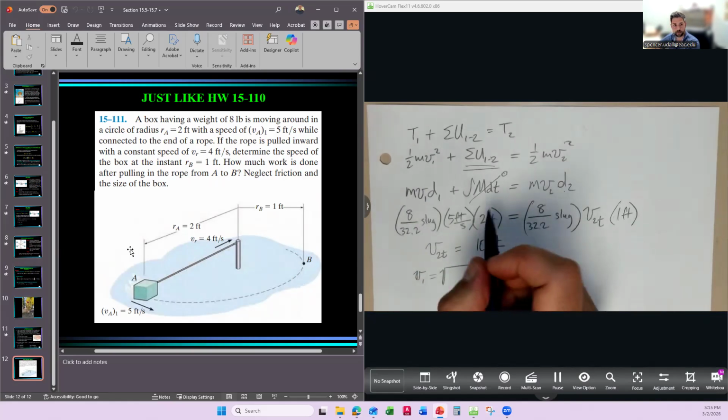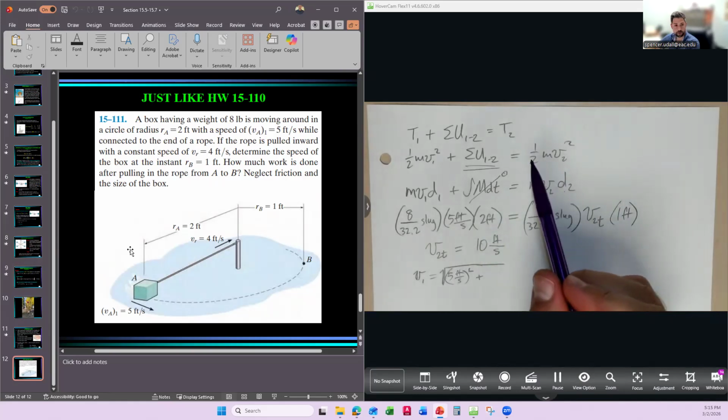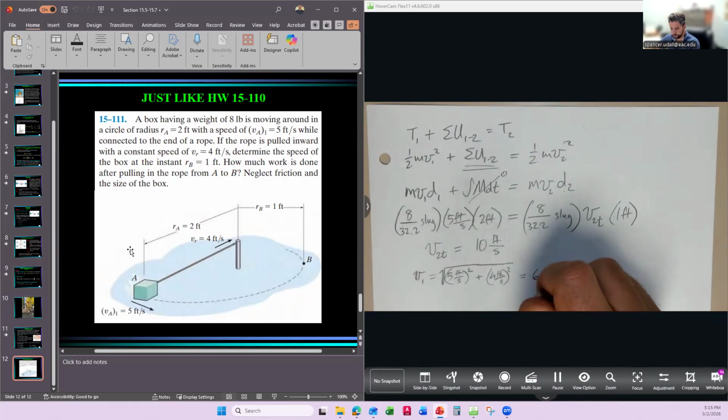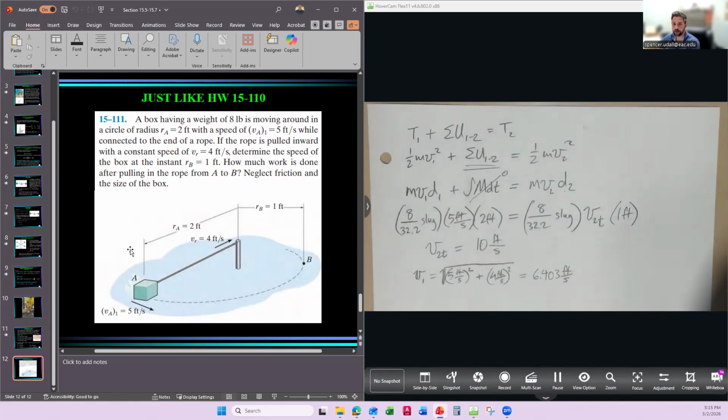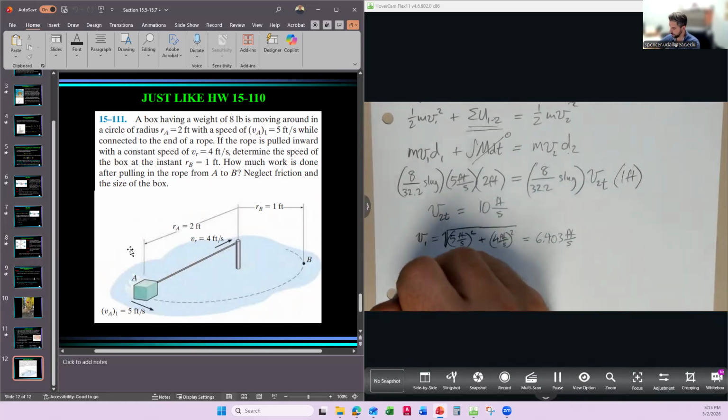So if we've got initially 5 feet per second squared plus the V1 pulling inward 4 feet per second, which gets squared, we've got 6.4 feet per second initially of total velocity that'll contribute to the kinetic energy.